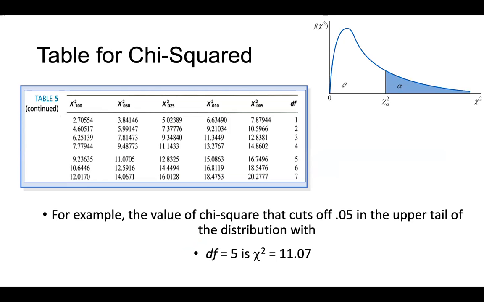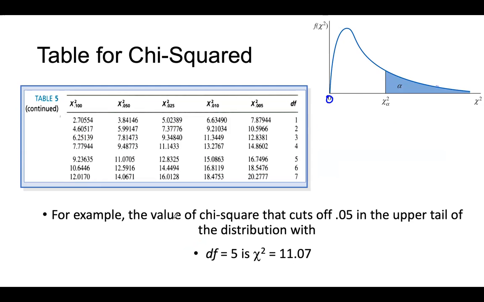So this is our chi-square, and this is what it looks like. It's positively skewed, so it's not symmetric like the other ones before. It starts at 0. Before, the other distributions were centered at 0, with positive and negative values, and they were symmetric. This one looks like this.